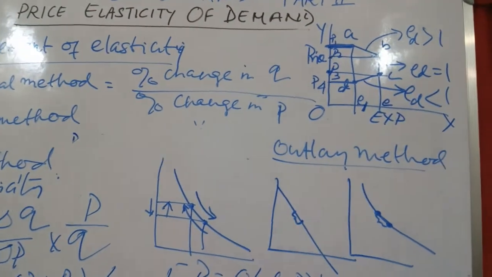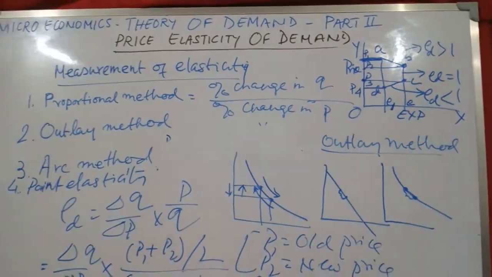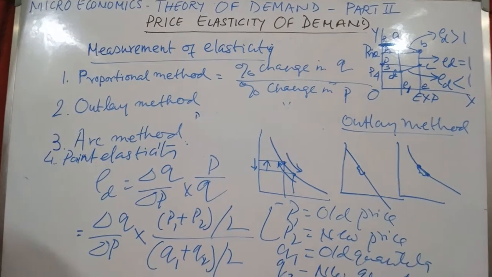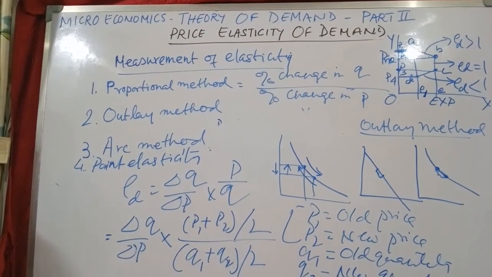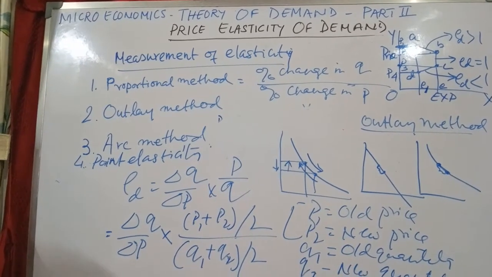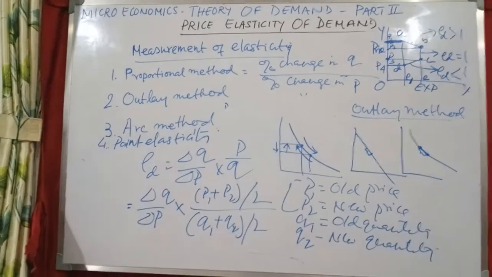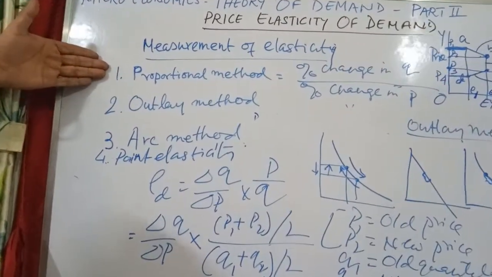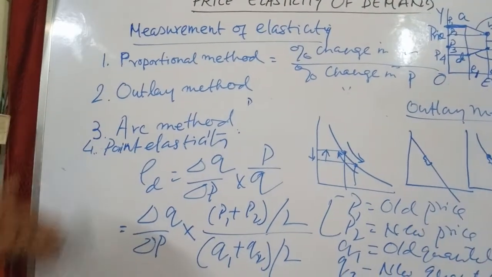And we have also learned what is the relationship between slope of the demand curve and elasticities. We have seen that even if slopes are different, elasticity can be the same, and even if elasticities are different, slopes can be the same. And these are the methods of measuring elasticity: proportional method, outlay method, arc method, and point method.